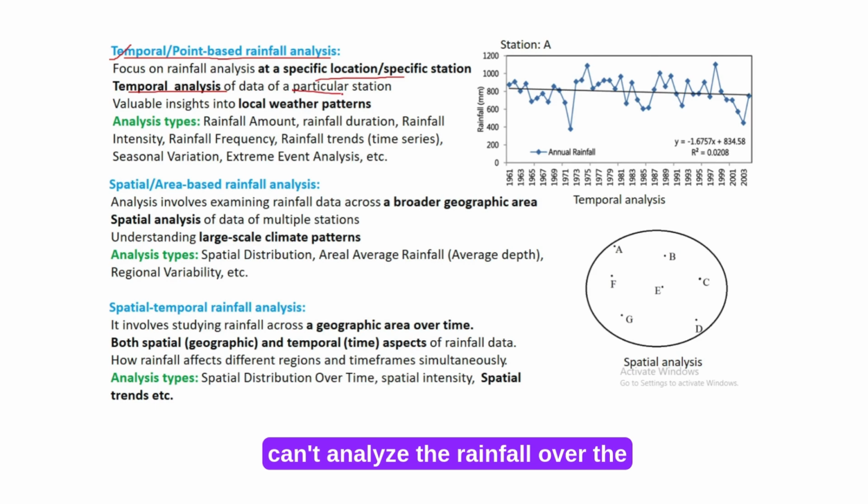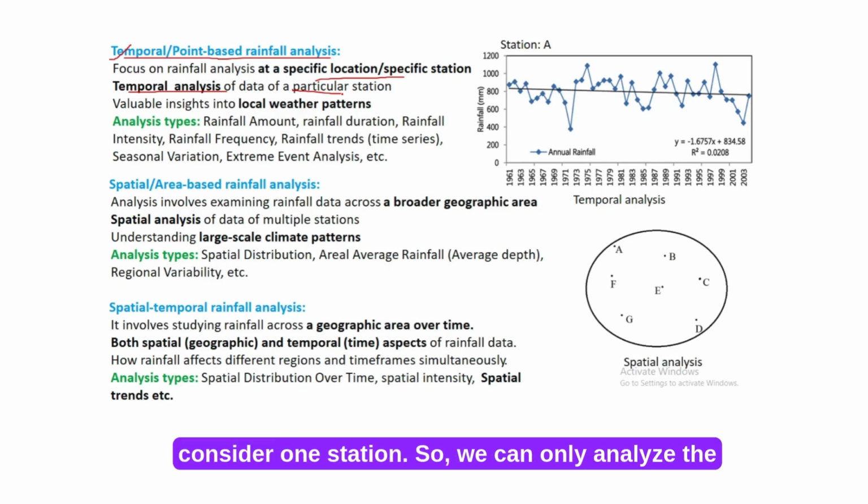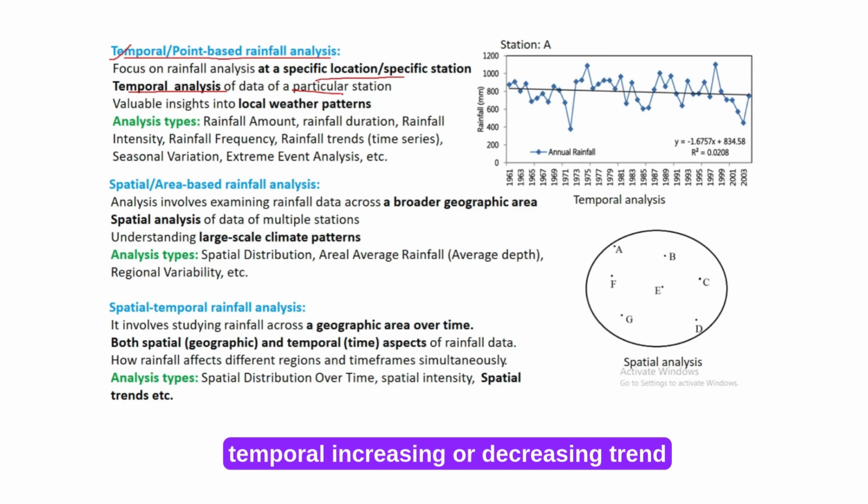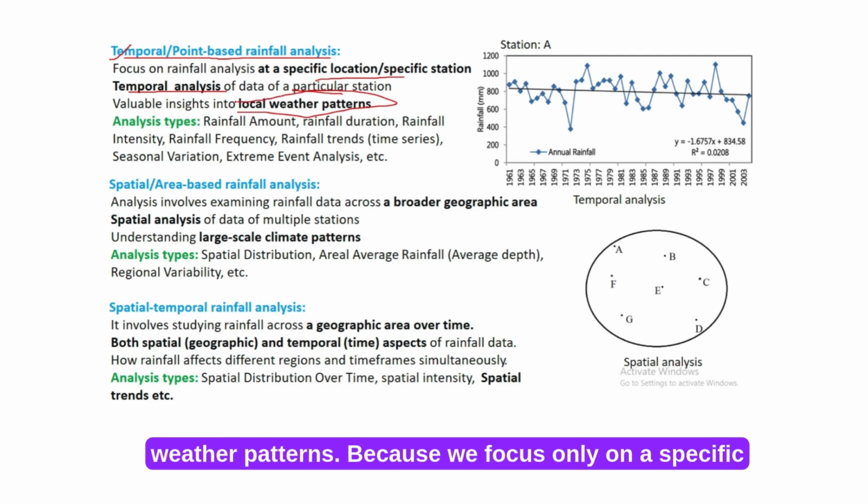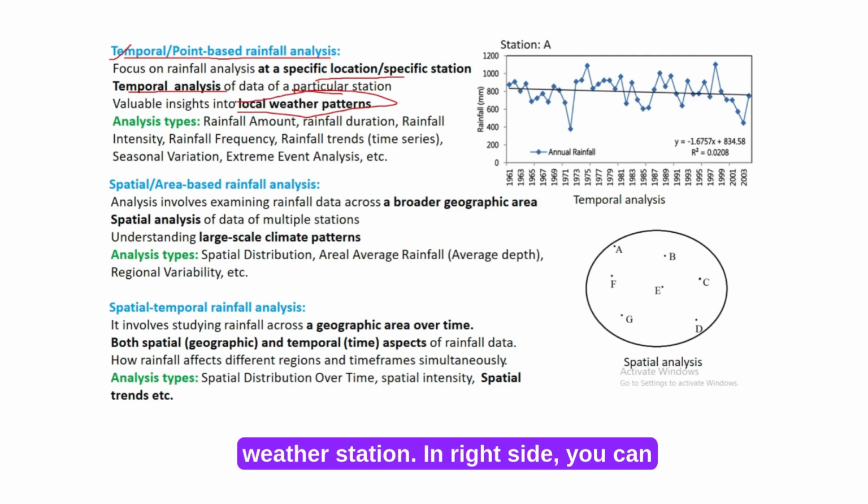Here we can't analyze the rainfall over an area, because we only consider one station. So we can only analyze the temporal increasing or decreasing trend or changes over the time period. So here we get only the local weather patterns, because we focus on a specific weather station.